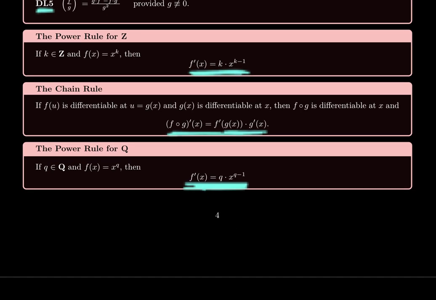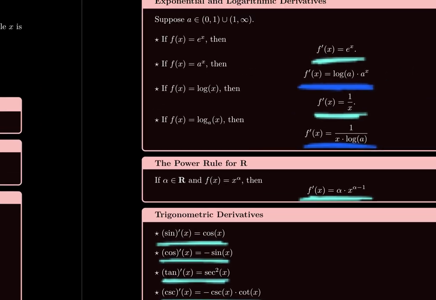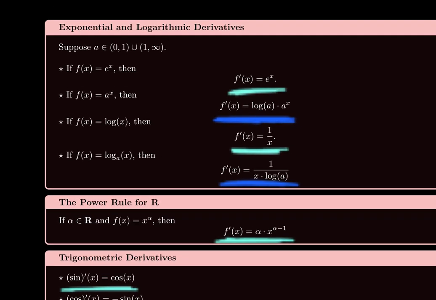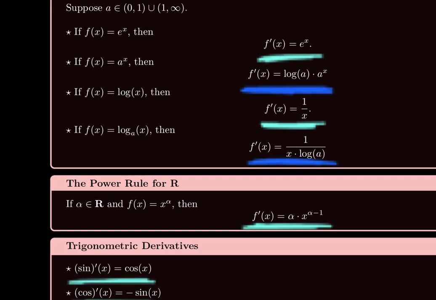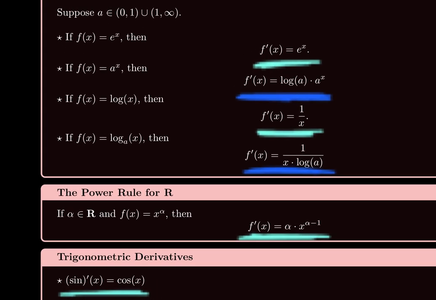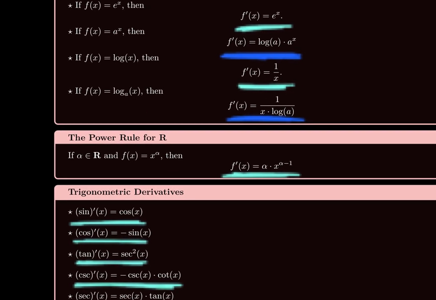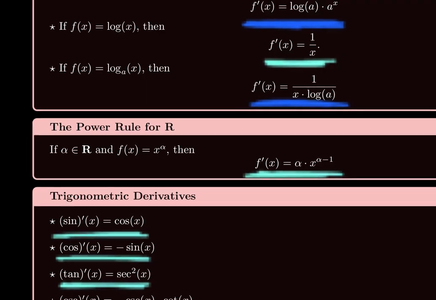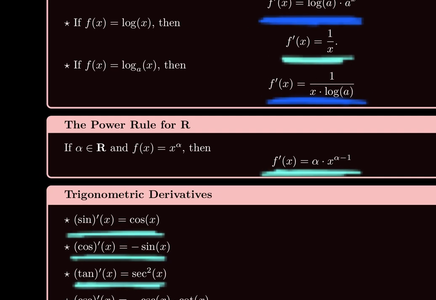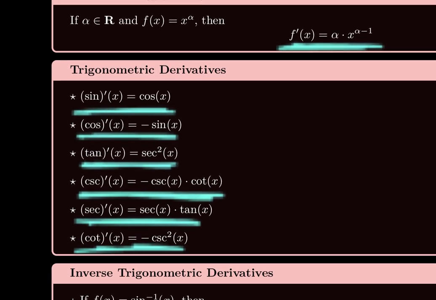We used the chain rule to prove the power rule for the rationals. We introduced ourselves to the exponential function and its inverse. And then we have random exponential functions, a to the x, log base a of x. And then using those exponential functions, we proved the power rule for the real numbers.